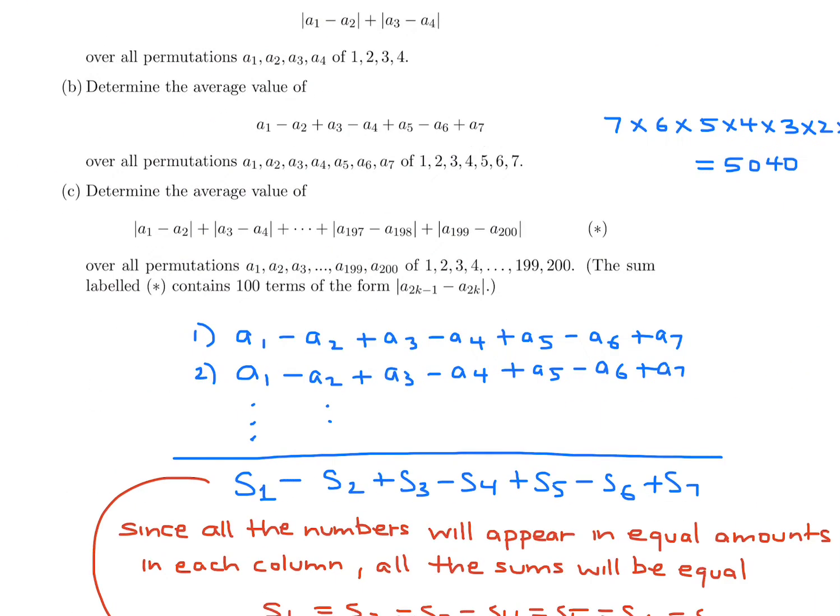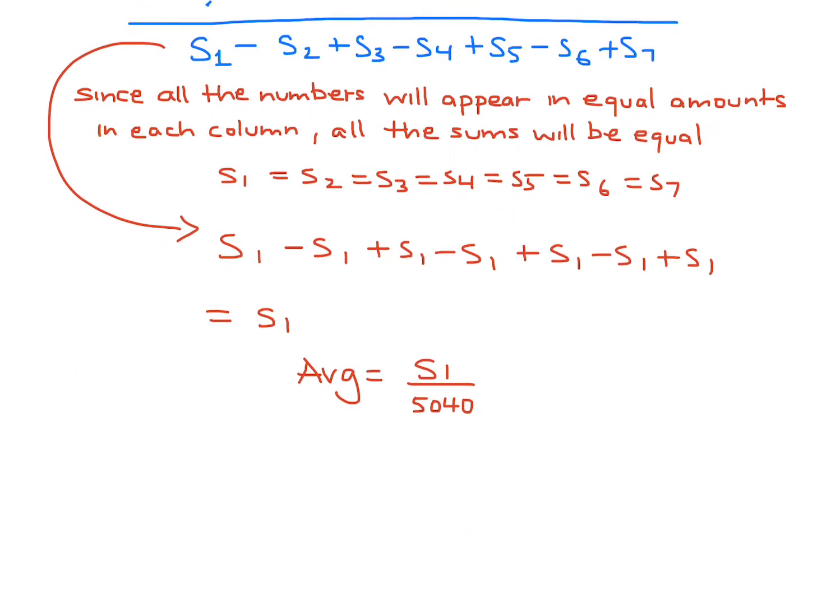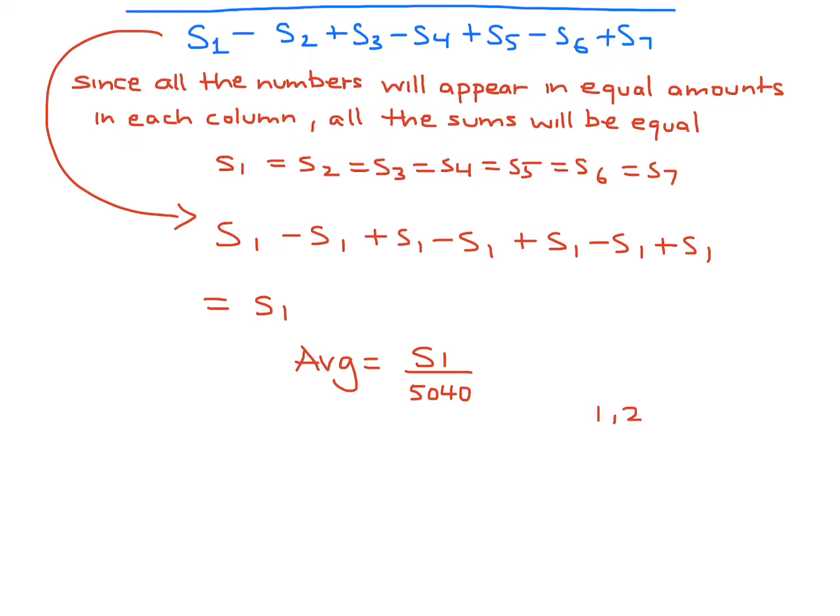So the same story here. This time we went from 1, 2, 3, 4, 5, 6, 7, right? How many permutations were there? Well, we got 5040. How many numbers are there? Well, there's 7. So 5040 divided by 7 is 720. And that's the number we have to multiply each of them by.